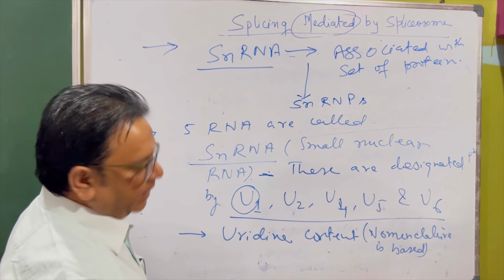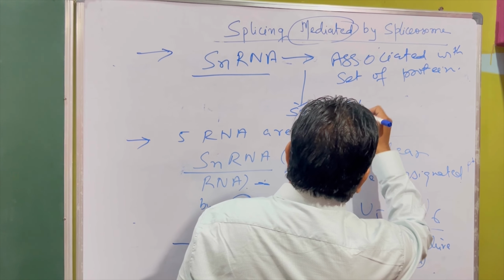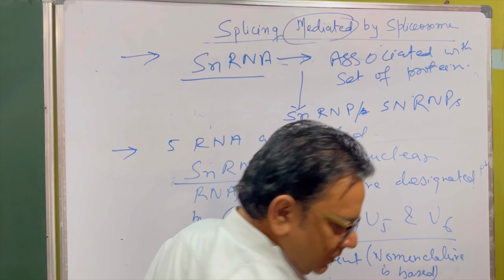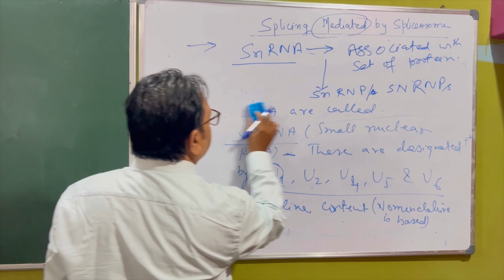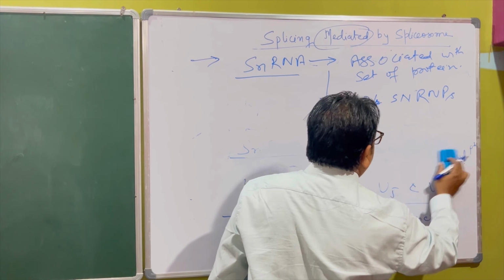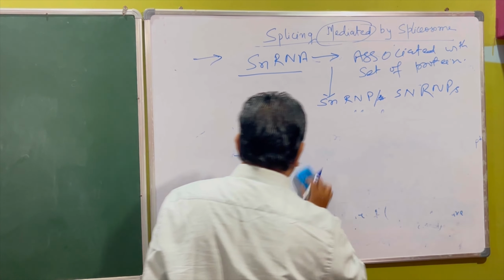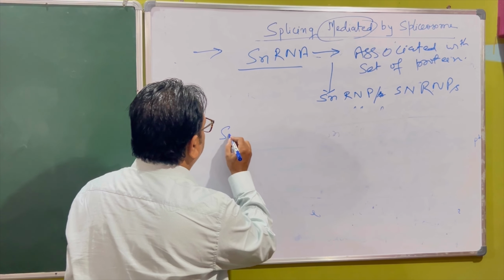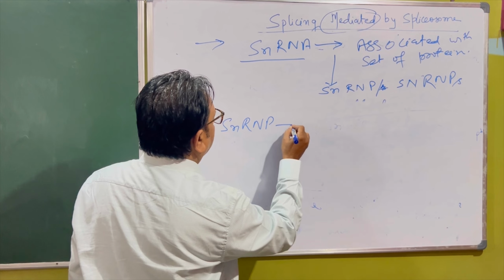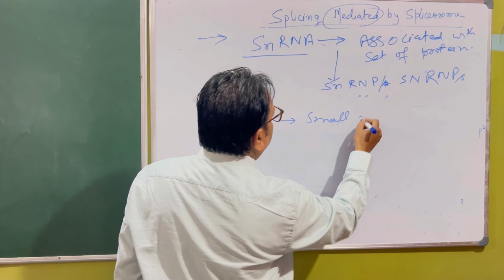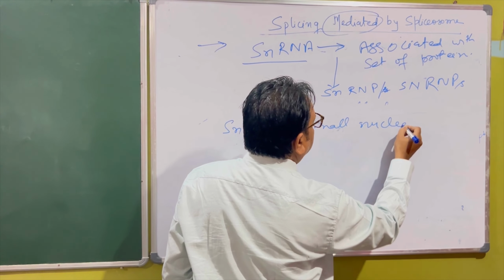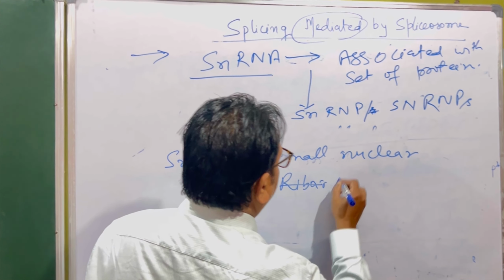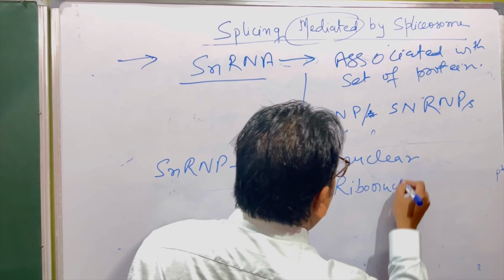Okay? So you have snRNP, or you can also write snRNPs. So what it means, obviously we have already written snRNA means a small nuclear ribonucleic acid. So snRNP will be a small nuclear ribonucleoprotein.